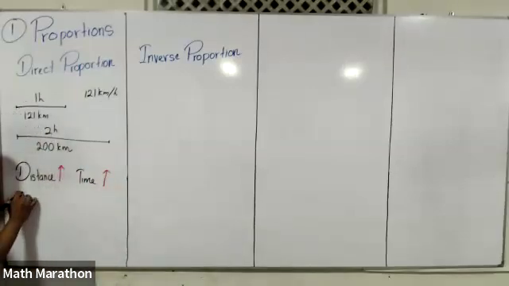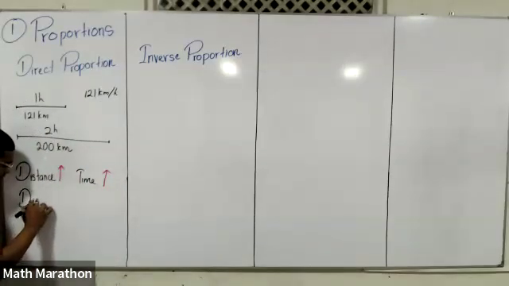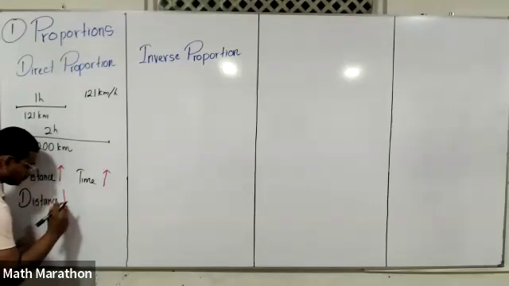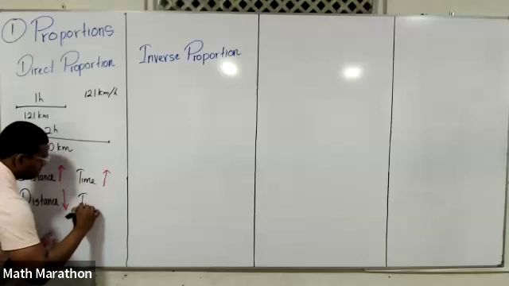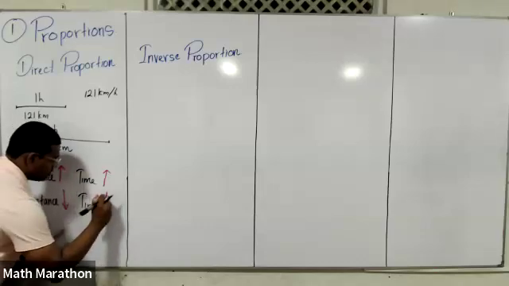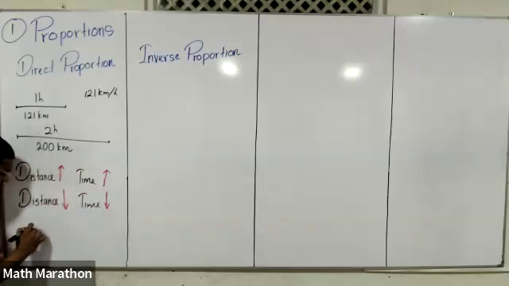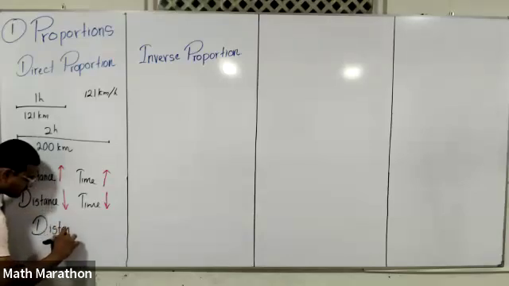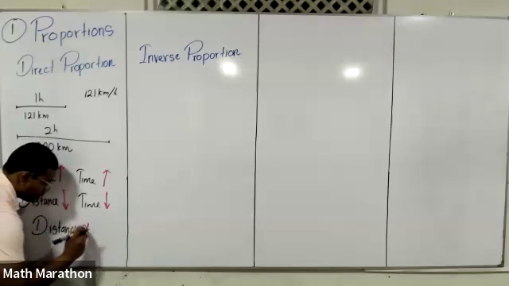So, when the distance reduces, the time reduces. So, what we say is distance is proportional to time.